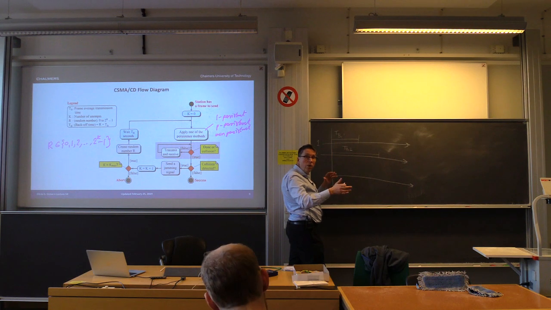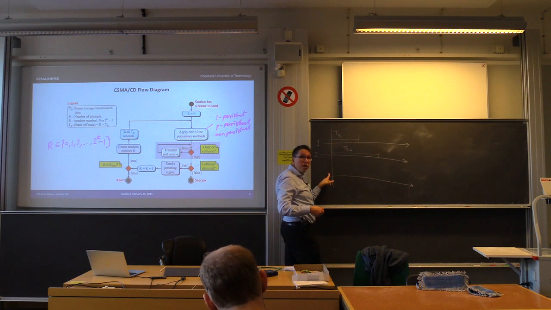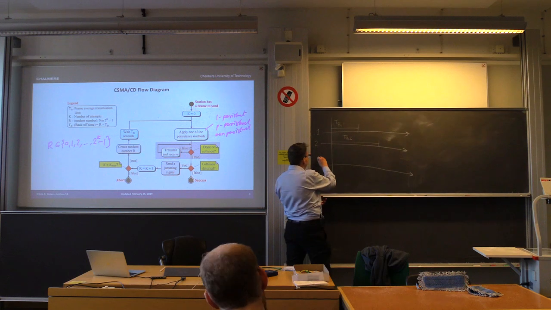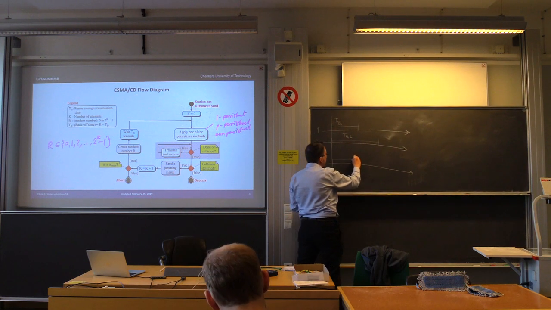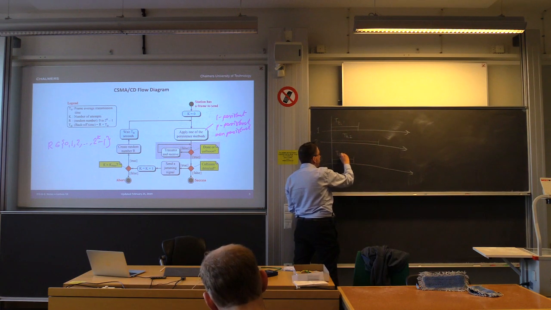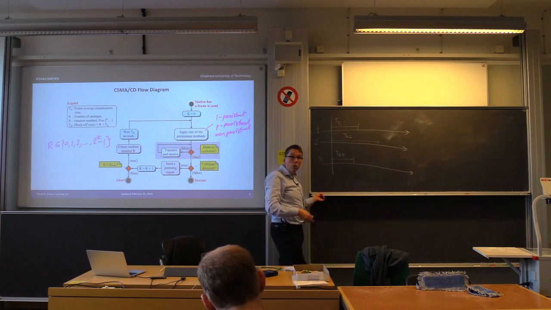How long do we need to wait? Well, it depends on how many nodes are competing for the channel at the same time. So for instance, if we had a third node here, there would be a back-off time for that one too, TB3, or a fourth node, or a fifth node, and sixth node, and so forth.